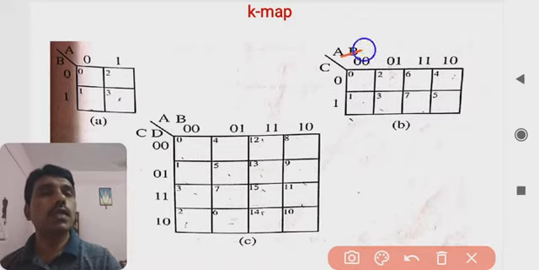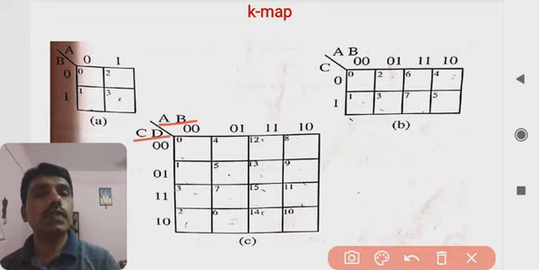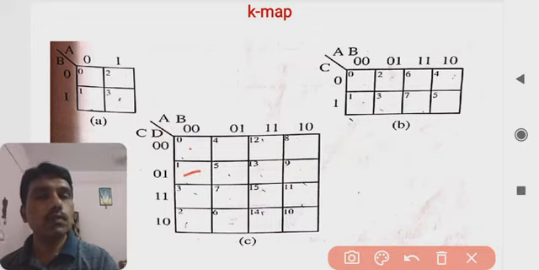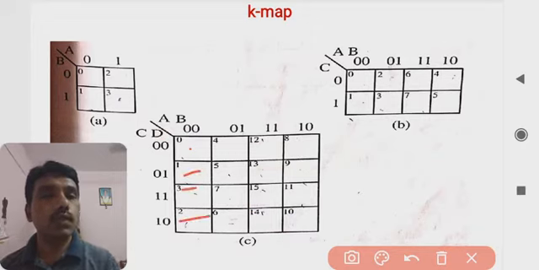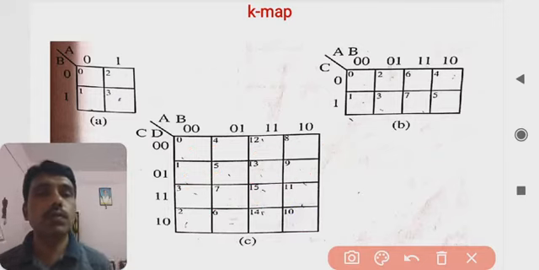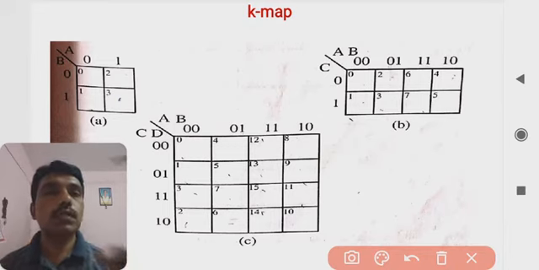According to that, A, B and C, 3 variables are there. Again for 4 variables, the cells will be 16, with values 0 1 3 2, 4 5 7 6, 12 13 15 14, 8 9 11 10. Somehow this is used in a gray code pattern, and it is structured likewise.